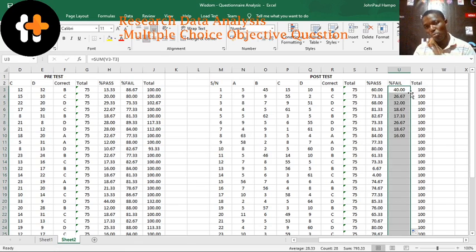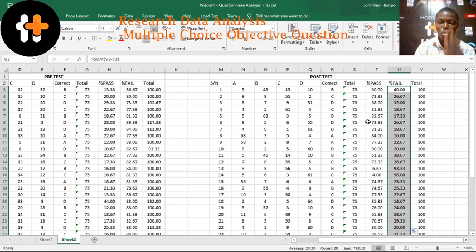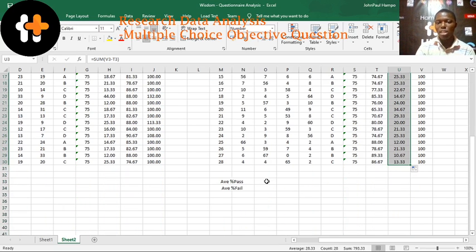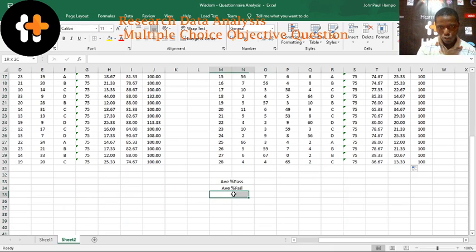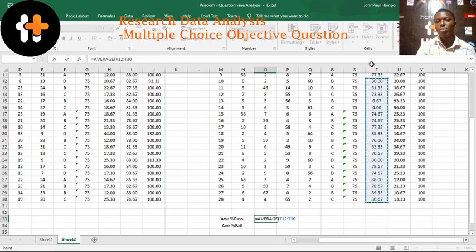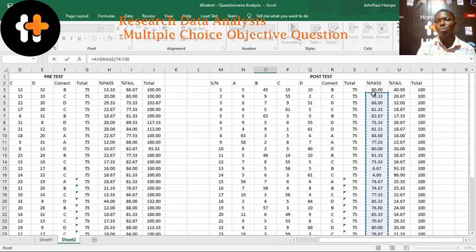So that is the percentage of those that fail, given this side. Just as we did on the other side, we get the average percentage of those that pass, the average percentage of those that fail, the ratio, and the significance. Average percentage of pass is equal to the average percentage of those that pass.